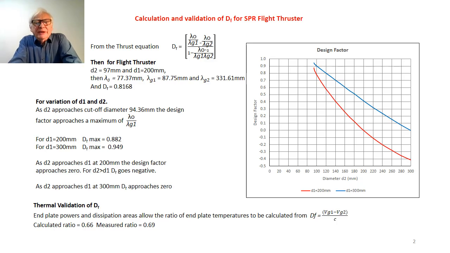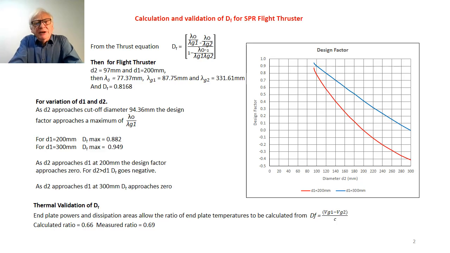And this maximum actually increases as D1 increases. For a D1 of 200 millimeters, which is the design of the flight thruster, we get a maximum design factor of 0.882. Now this, remember, is when D2 is approaching cutoff diameter. So the absolute maximum DF you're going to get for a D1 of 200 millimeters is 0.882.